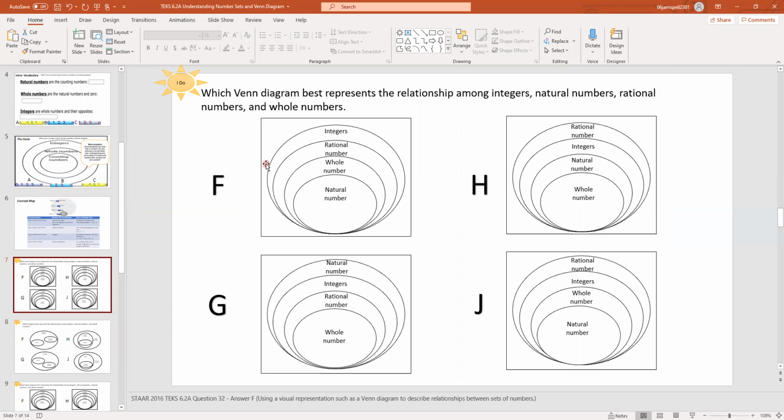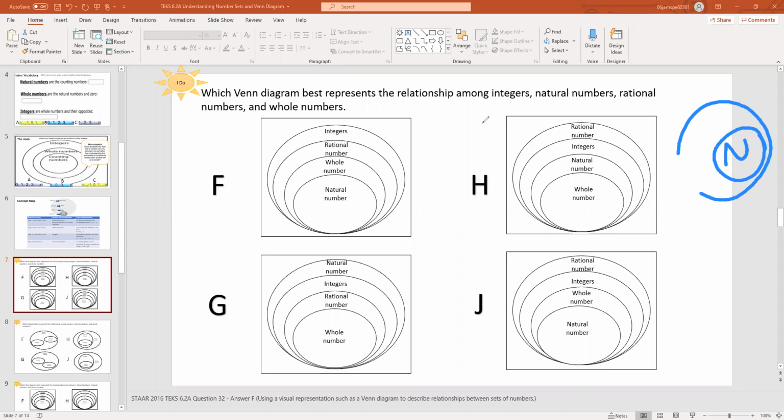Which Venn diagram best represents the relationships among integers, natural numbers, rational numbers, and whole numbers? All right, let me get my buttons out, make sure everything is straight. Now, the first thing I want to do is draw my first inner circle. And I know my first inner circle is going to be natural numbers.